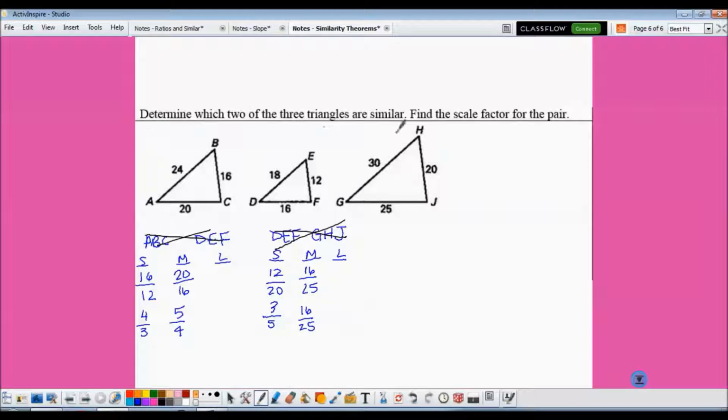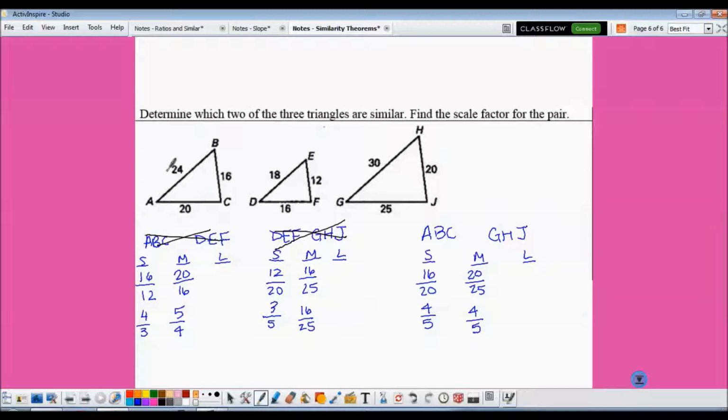So let's try ABC and GHJ. Small, medium, and large. Smallest sides would be 16 over 20, which simplifies to 4 over 5. Our medium sides would be 20 over 25, which would be 4 over 5.